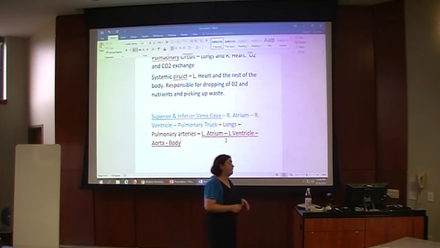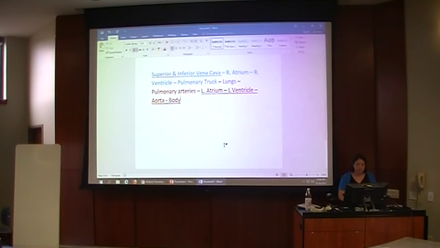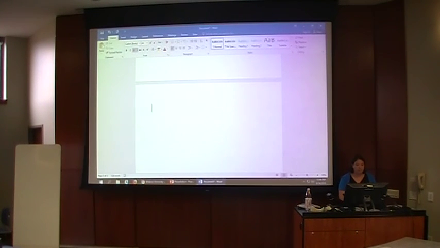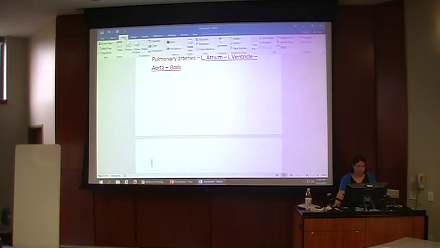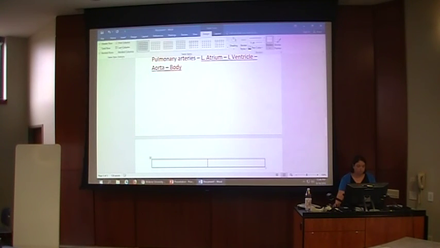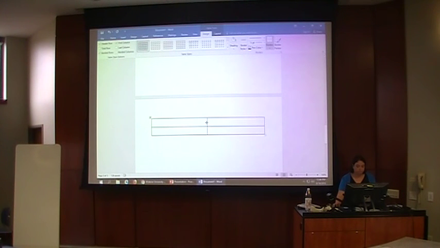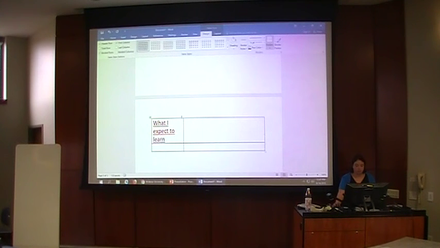So another good way to set up would be to set up your notes like this. With what I expect to know or to learn and what the professor talked about.